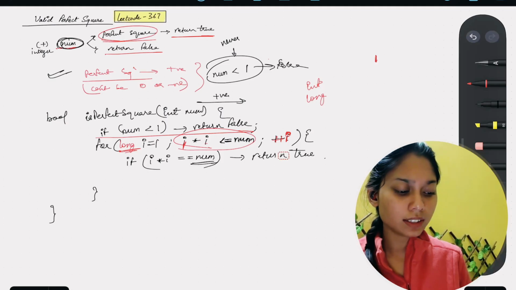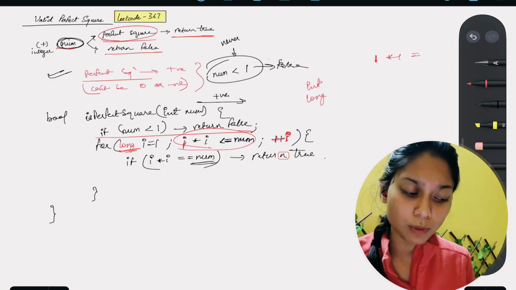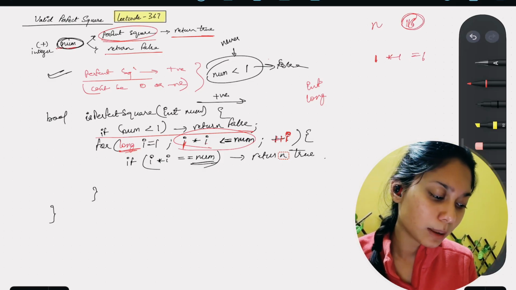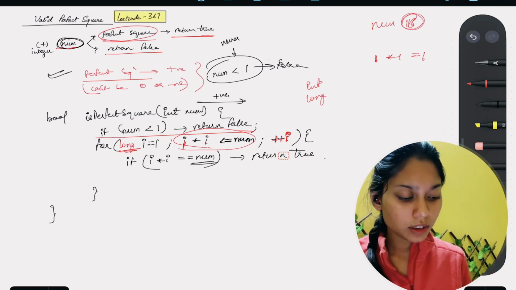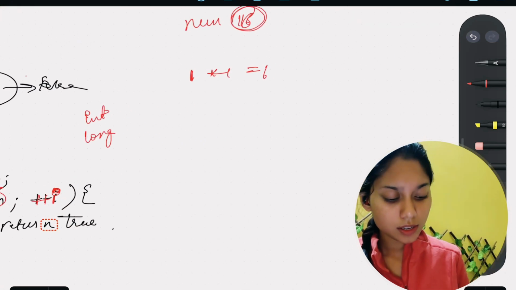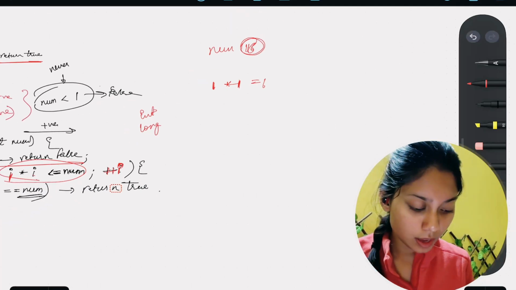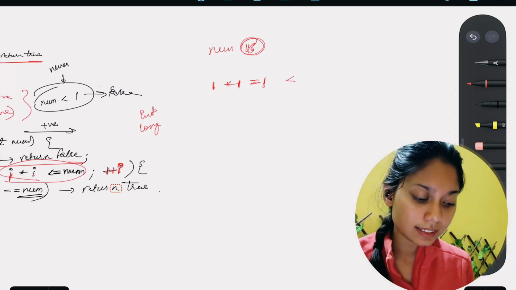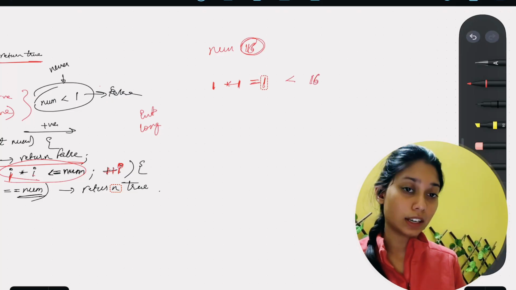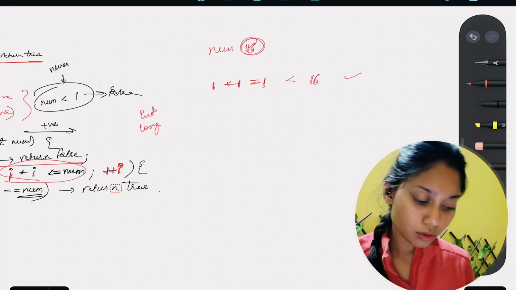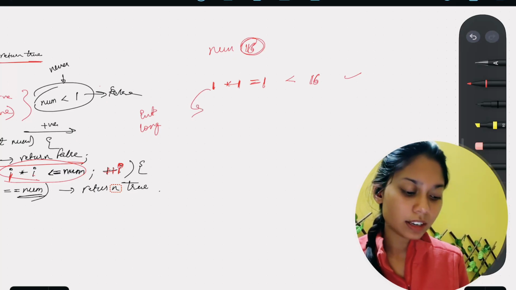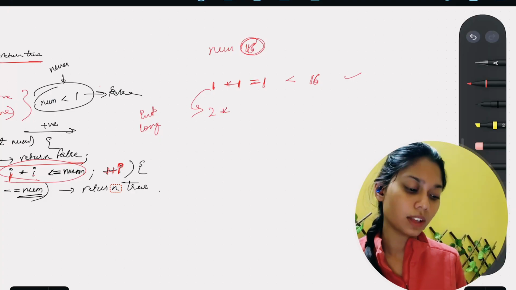As in, when we are starting from 1, 1 times 1 is 1. And suppose our num is 16. Since we have checked for 1, we have to increment, because 1 times 1 is 1 and it is less than 16, still not equal. So this is true. Then we increment our value to 2, so that we can check 2 times 2.